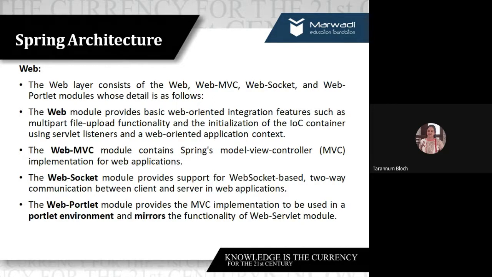Along with that, we do have the WebSocket module, which provides support for WebSocket based two-way communication, because we are ultimately talking about client and server. In the very first unit of Java networking, we have seen at the ground level how your data stream is generated and how you are talking to the logical port, not a physical port, it's a logical port over the network, depending on the capability of the operating system. If it is 32 bit, we will have 3767 ports for the communication.